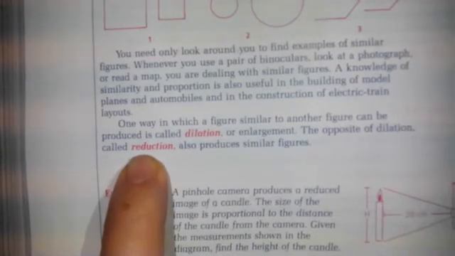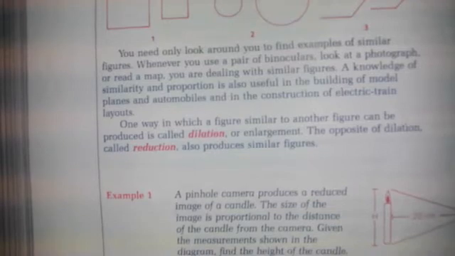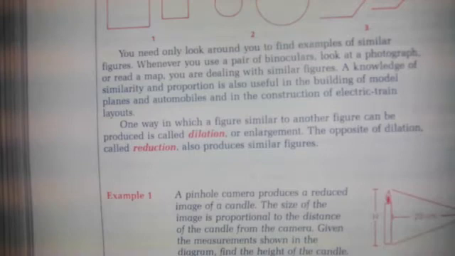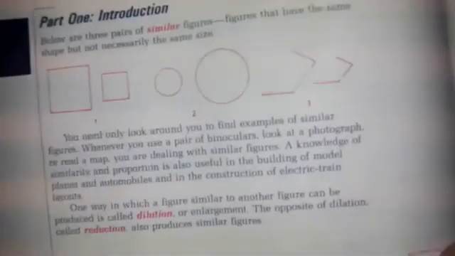I do not use the word reduction. So in geometry, we say similar, meaning they are proportional. And in Algebra 2, we tend to say one is a dilation of the other. Okay, I'm going to write those two things down because those are the two big deals here.